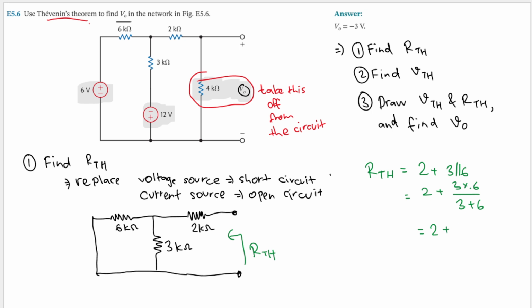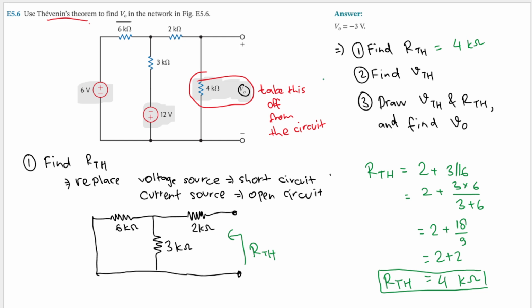So I'll have 2 plus 18 divided by 9, so we'll have 2 plus 2, and 2 plus 2 equals 4. So RTH is 4, and the unit is kilo ohm because all of our resistors are in kilo ohm. So our RTH is 4 kilo ohm. I think that's all for number 1.